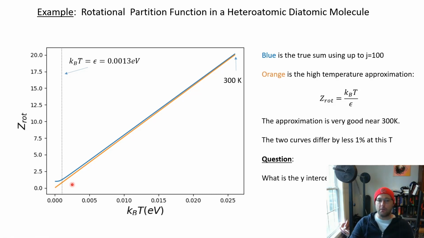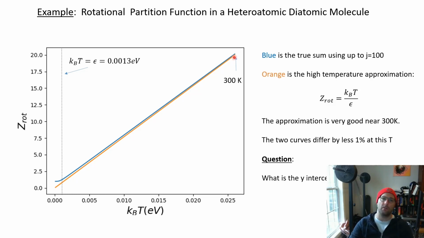Down here at low temperatures, of course, the deviation between the blue and the orange is pretty significant. Even at around 150, you can still visually see a clear difference. And so the question of whether Z equals 10 is good enough depends on what precision you demand of your calculation. If you go up to about 300 Kelvin, you can still see the difference. But if you actually try to measure the difference, it's less than 1%.